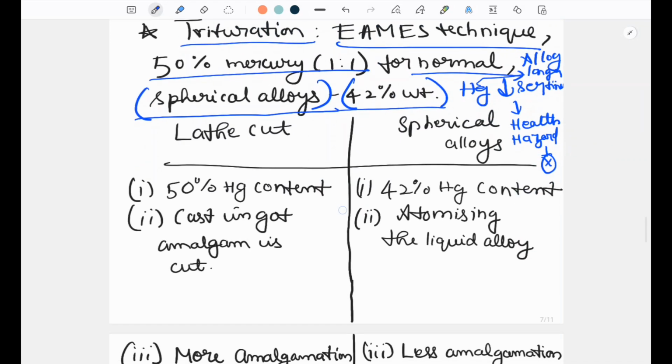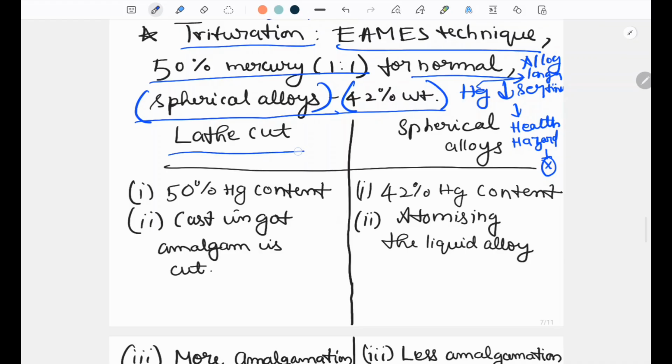Here we are going to compare lathe cut and spherical alloys. In lathe cut there is 50% mercury content, as we have seen before, but in spherical alloys we have 42% mercury content.